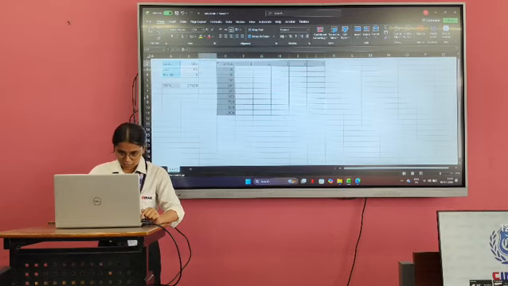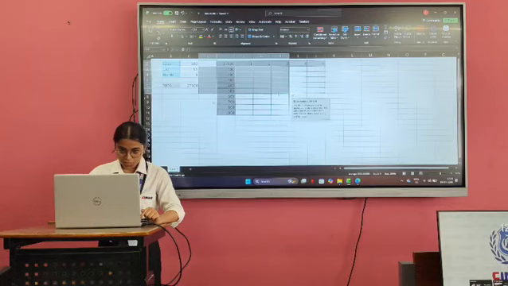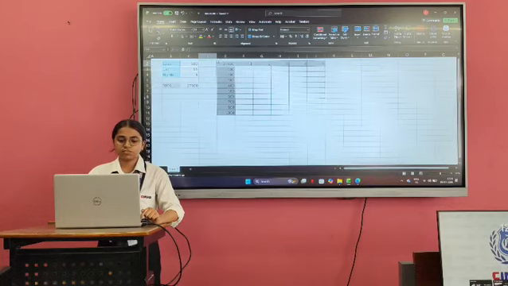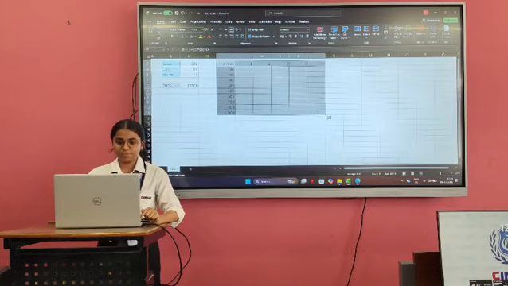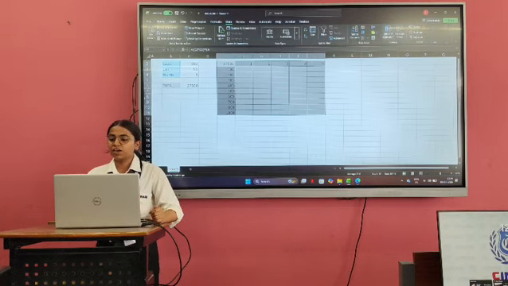And we have to drag it. Now we have to go to data and then what-if analysis, data table.